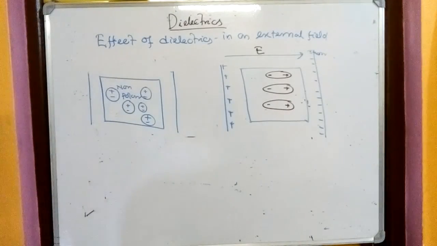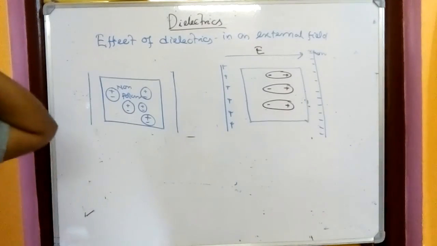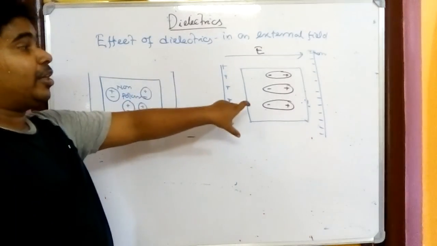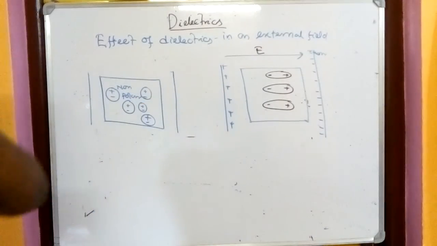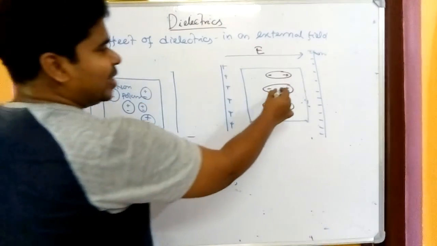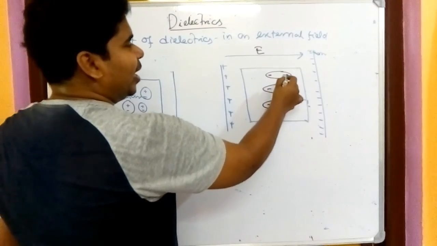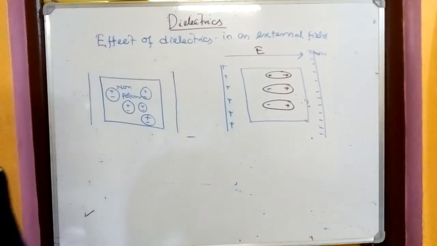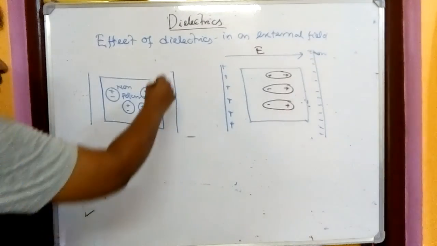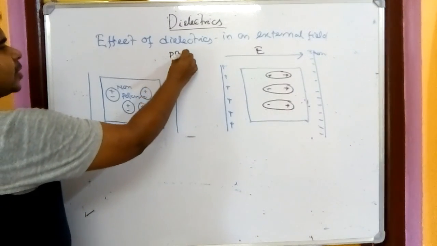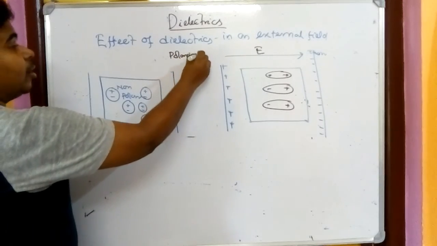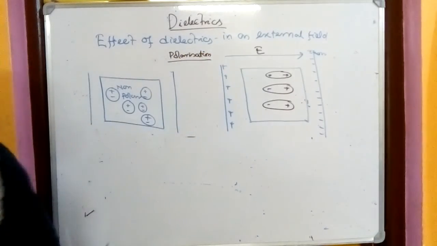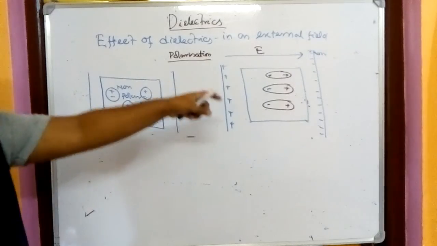They will align this way for a non-polar dielectric. Initially there is no pole, but whenever you keep it inside the external field, a pole is created, positive and negative. That is called polarization. Polarization means pole formation, no pole to pole.